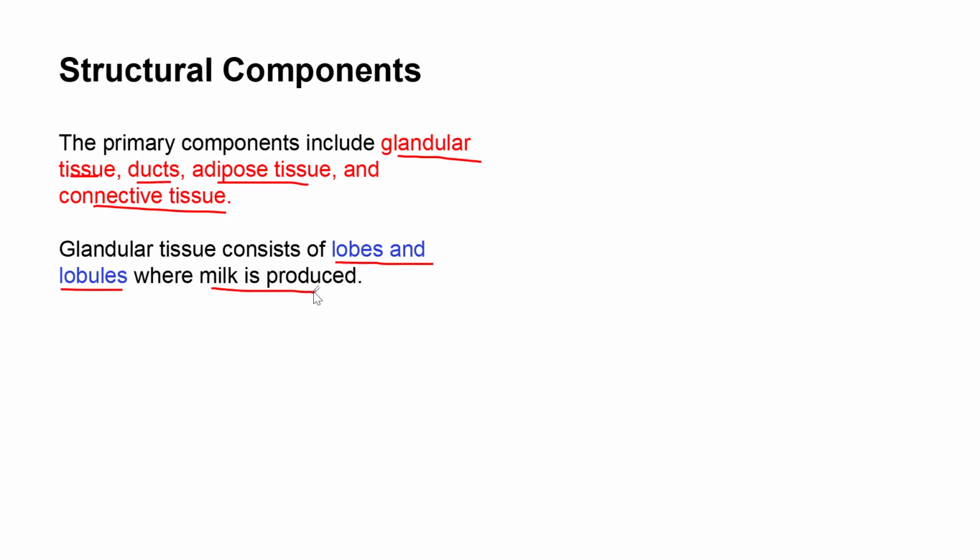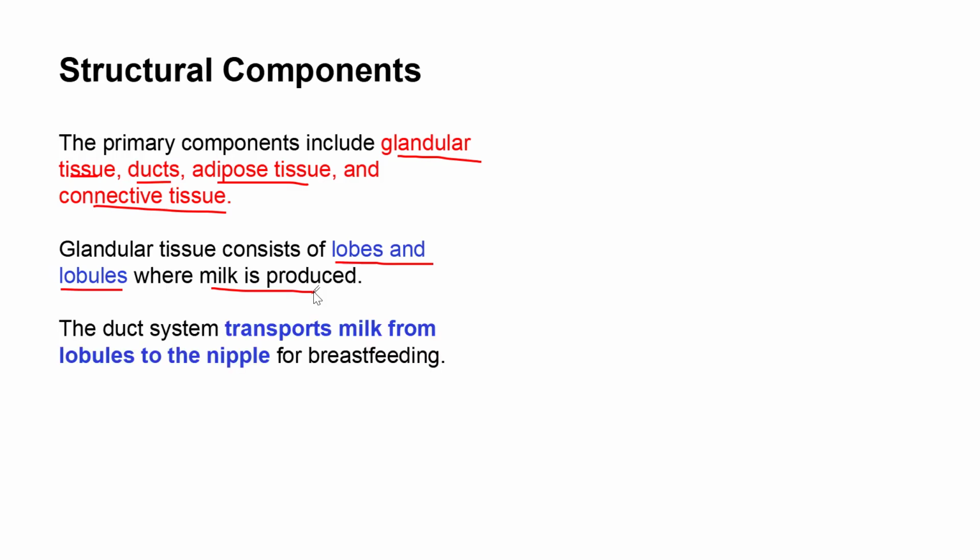So the milk is produced in the glandular tissue, specifically by the lobes and lobules. The duct system is responsible for transporting milk from the lobules to the nipple for breastfeeding.